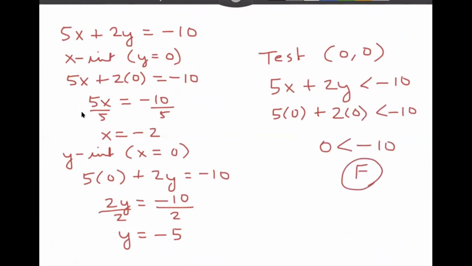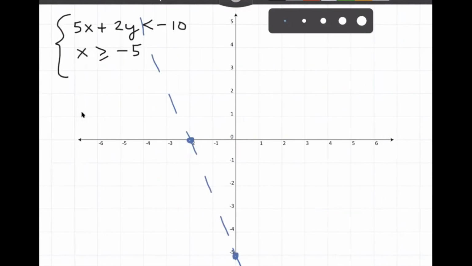Finally, I've been waiting for one of these to come out false. So remember, if your test point makes the inequality false, that means you want to shade away from that point. Okay. 0, 0 is on the right side of the line, so we're going to shade the left side.